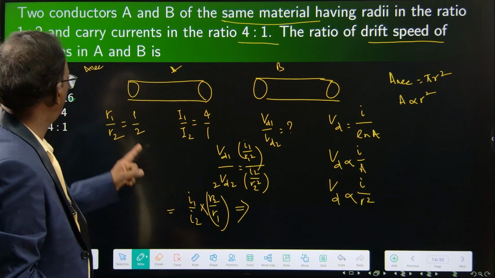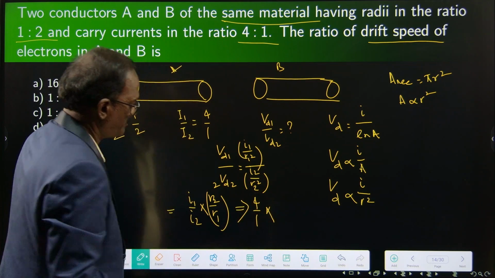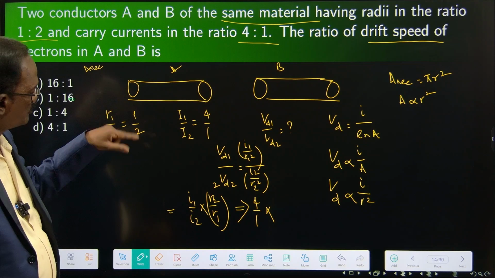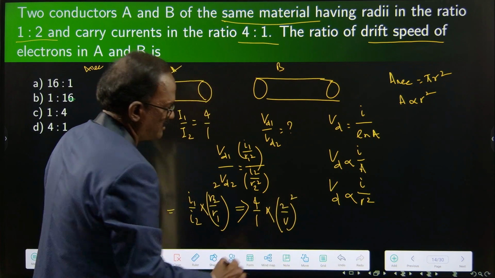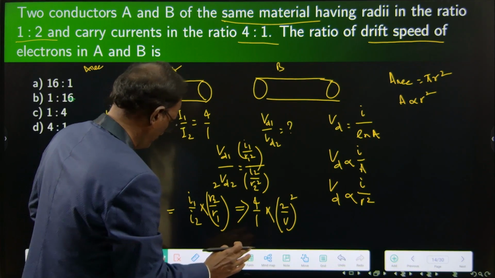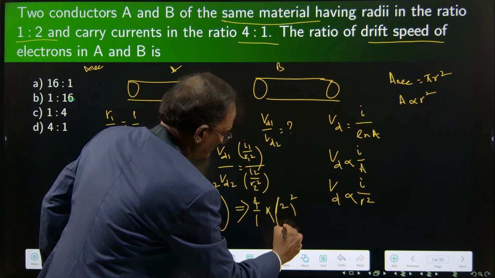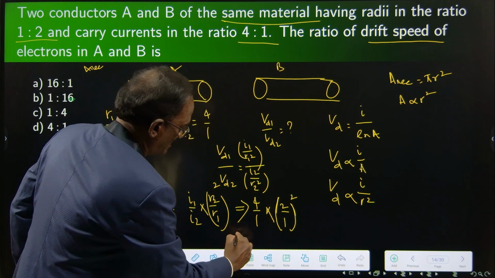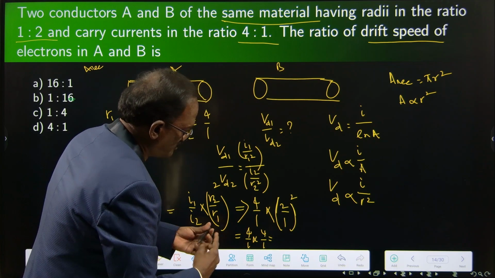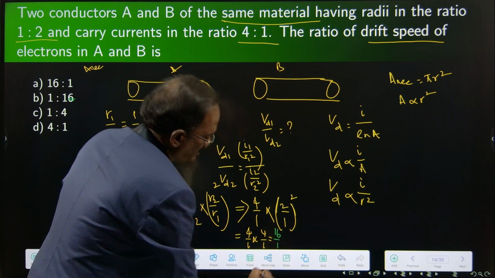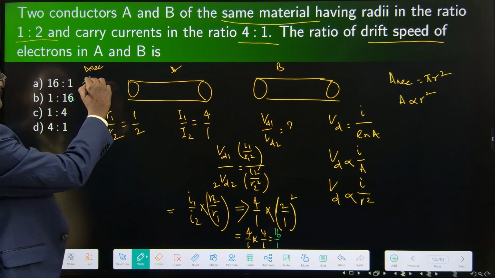This is I1 by I2, the ratio is 4:1, multiplied by R2 by R1, which is 2 by 1, squared. So 2 by 1 square. This will be 4 by 1 into 4 by 1 is equal to 16 by 1 is the answer. 16 is to 1. Option A.